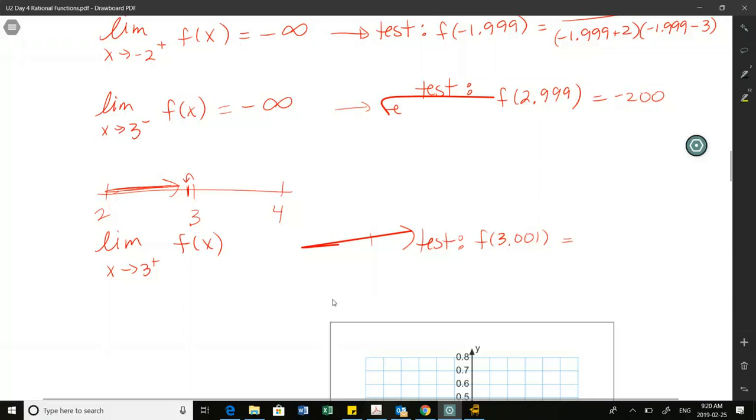Did you calculate this one already too? Yeah, 199.96. Perfect. So we can assume this one's going up toward positive infinity then.